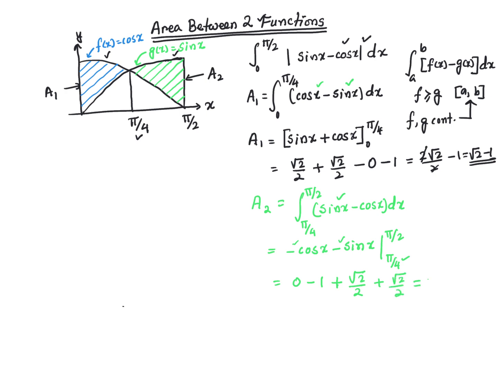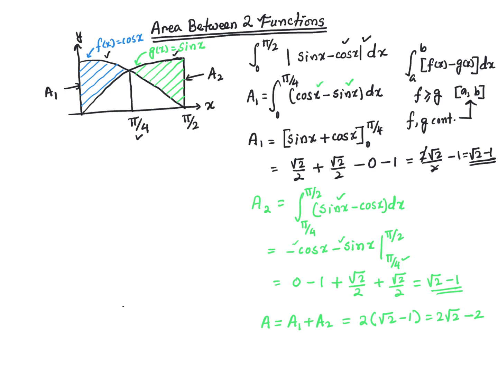That gives me square root of 2 minus 1, I guess. So it's the same area. So total area is going to be A equals A1 plus A2, which is nothing but 2 times square root of 2 minus 1, which is nothing but 2 times square root of 2 minus 2.